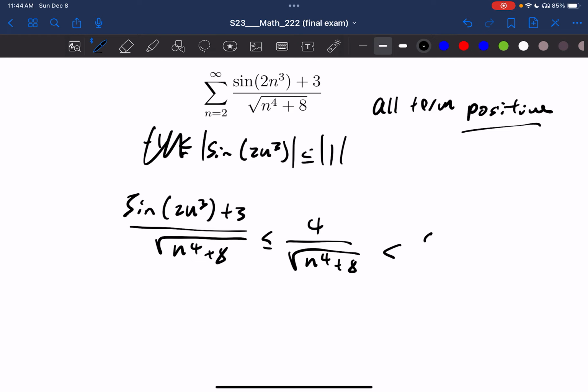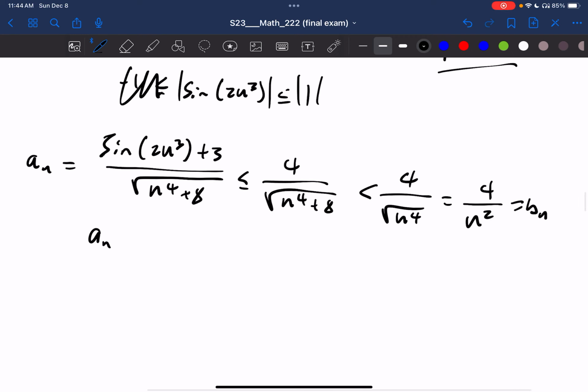Yeah, we can also keep going with this, 4 being over n to the 4th power. And this is equal to 4 over n squared. If we say this is equal to a of n, and this is equal to b of n, we can say a of n and b of n are positive. We have to state this to do a direct comparison.